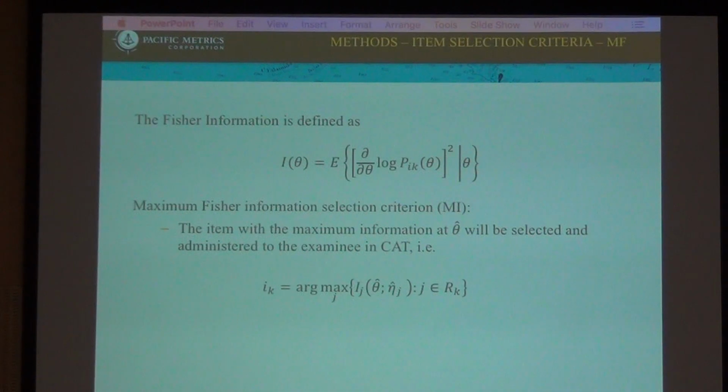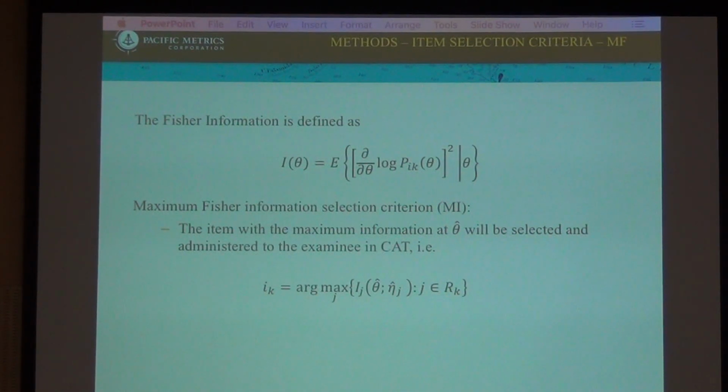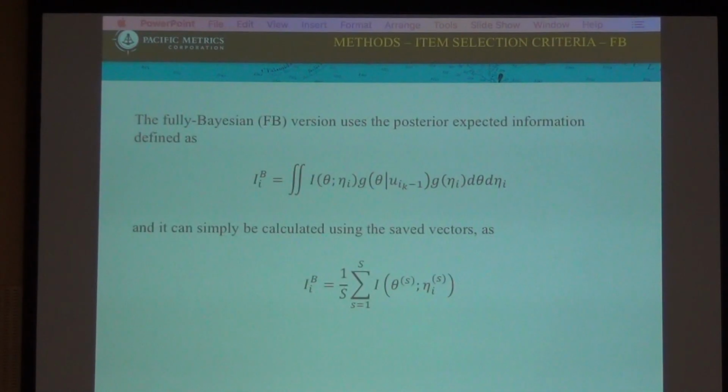After we have the ability estimate, we will do the item selection. First, the item selection criterion is the maximum Fisher information. The item with the maximum information at the current theta estimate will be selected and administered to the examinee. And another criterion we use is the fully Bayesian version.